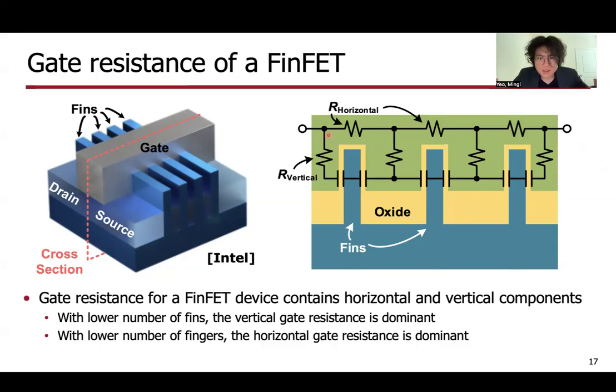But by doing so, it places horizontal resistances in series, such that at a high number of fins and lower number of fingers, the horizontal gate resistance will be dominant. So when designing, we need to consider the trade-offs between choosing the right number of fins versus number of fingers.